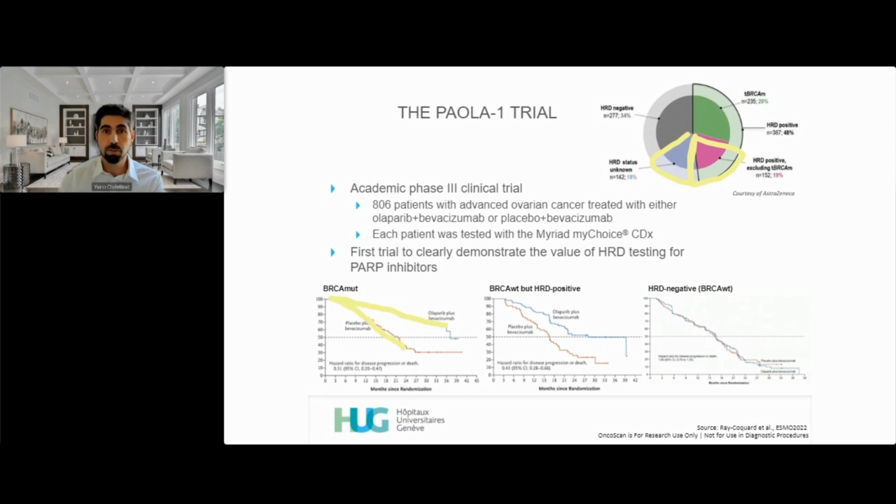In the BRCA wild type population, but HRD positive, you can still see the benefit, even though it's not as large. But in the HRD negative, there is no benefit at all. So really, there is the incentive to treat HRD positive and not only BRCA.